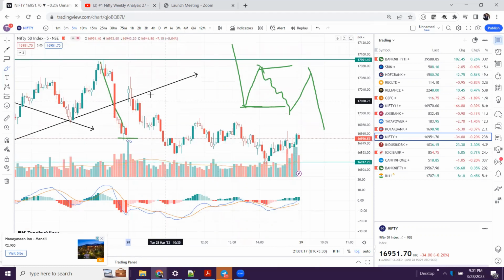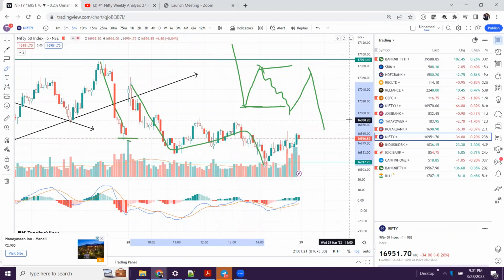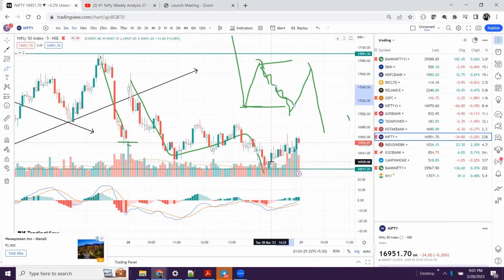However, if you closely see, this looks like a 3-wave down move, which means this can be just a B wave. So tomorrow we can get an up move to complete this C, and then one more push down can come again.